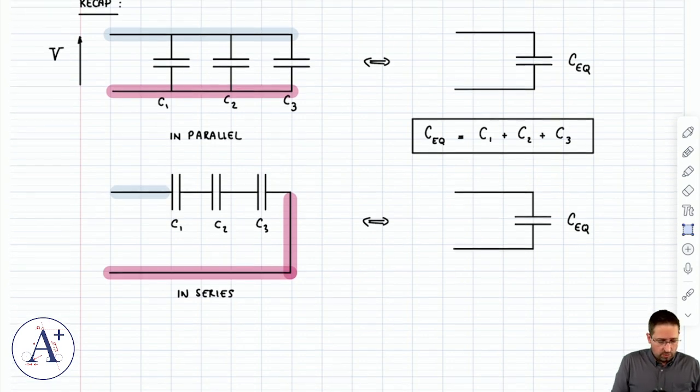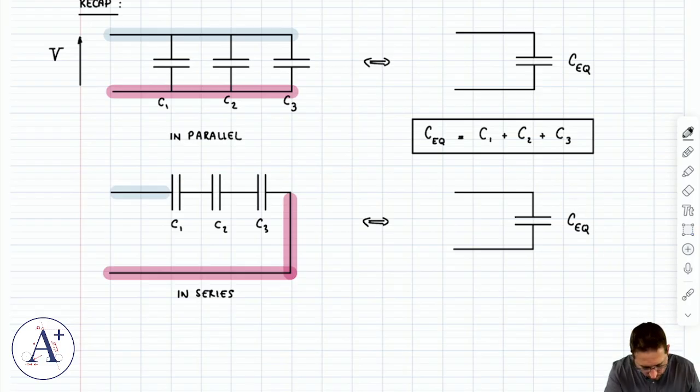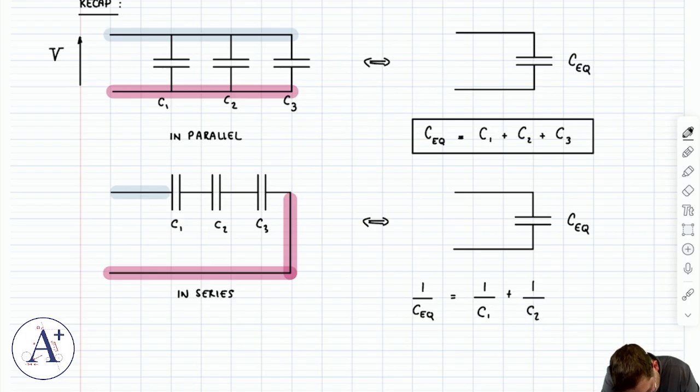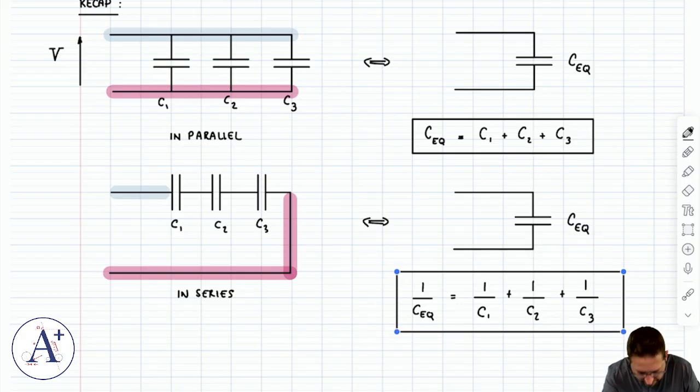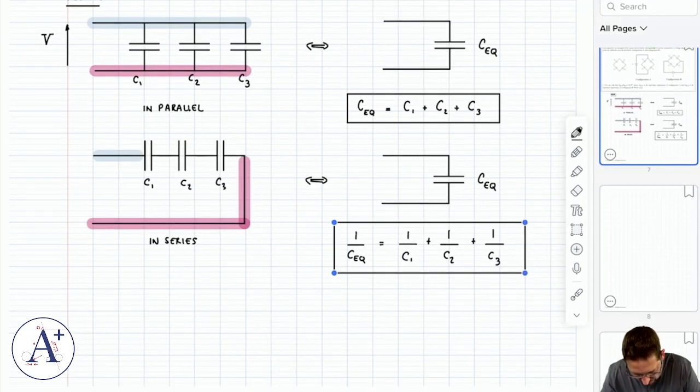Now, they will also be equivalent to a single equivalent capacitor with a capacitance C equivalent that is given by 1 over C equivalent is going to be 1 over C1 plus 1 over C2 plus 1 over C3. All right. And of course, it generalizes. If you have 4, it's plus 1 over C4, and so on and so forth.